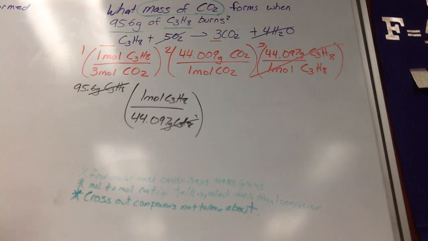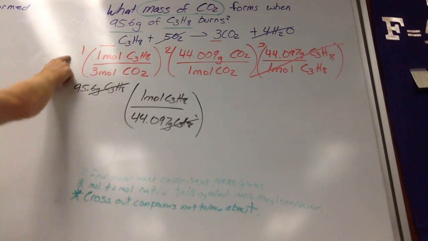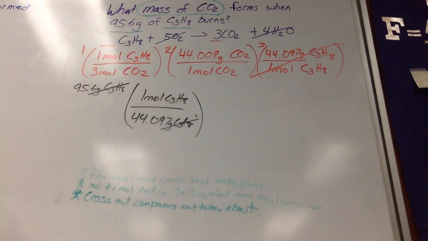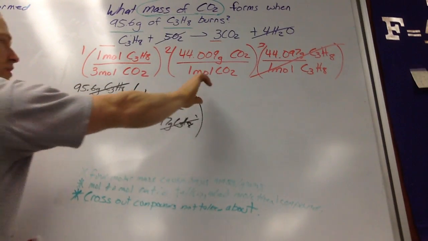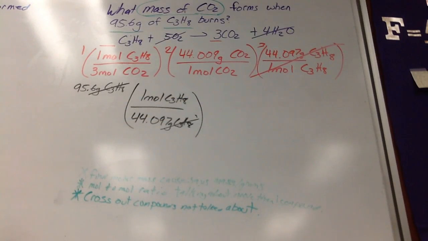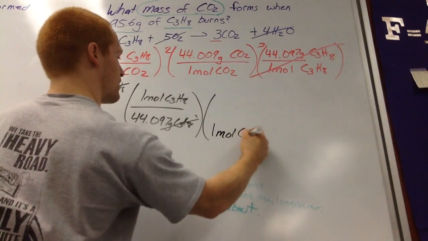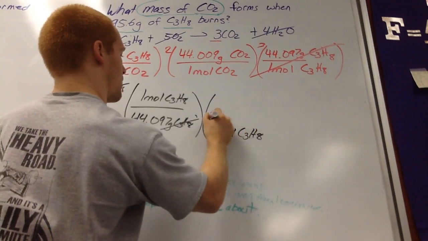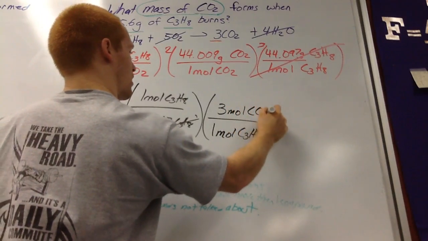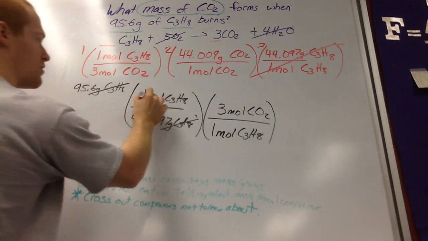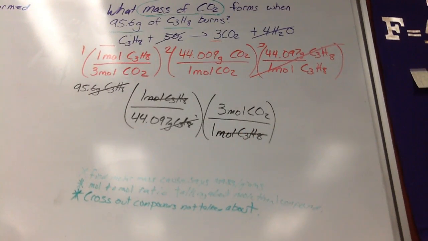Now we have 2 options, so we're going to look for which one has moles of C3H8. Notice number 1 has moles of C3H8, but it's also in the numerator, and our current term has it in the numerator, so we're going to have to flip it so they cancel out. So I'm going to put 1 mole C3H8 in the denominator, and 3 moles of CO2 in the numerator. Moles of C3H8 cancel out.